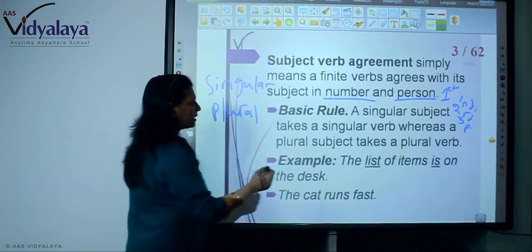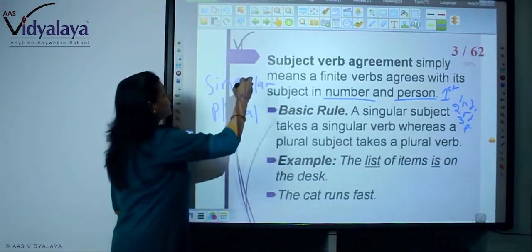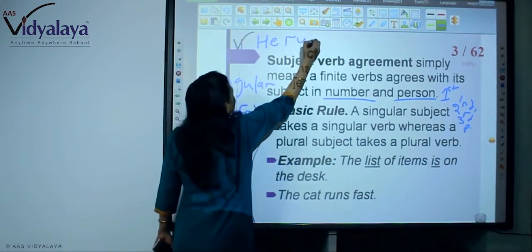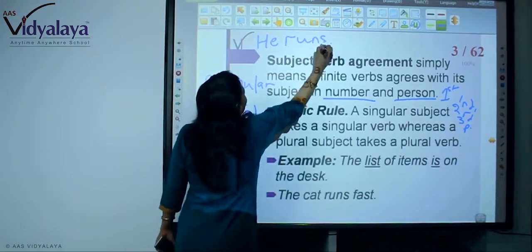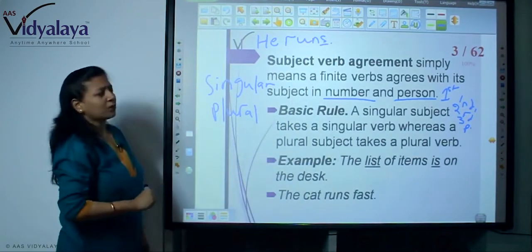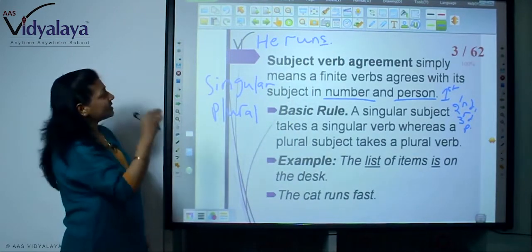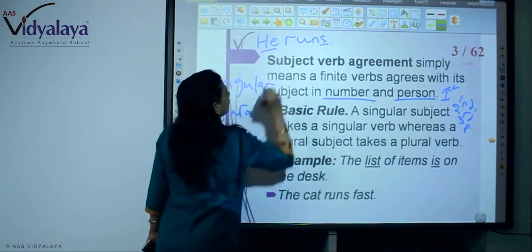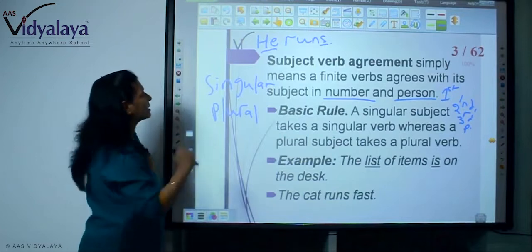For example, here you can write: he runs, right? Here you are seeing the verb is in present, and this is singular, and so we have added s, runs.